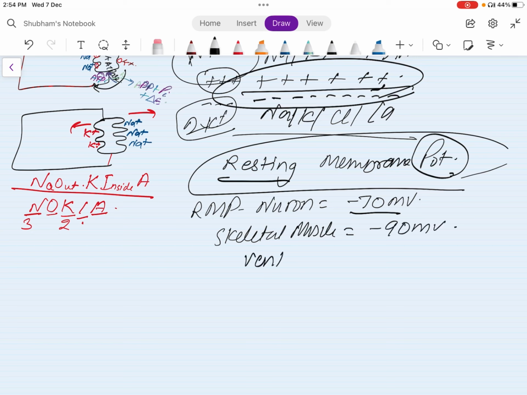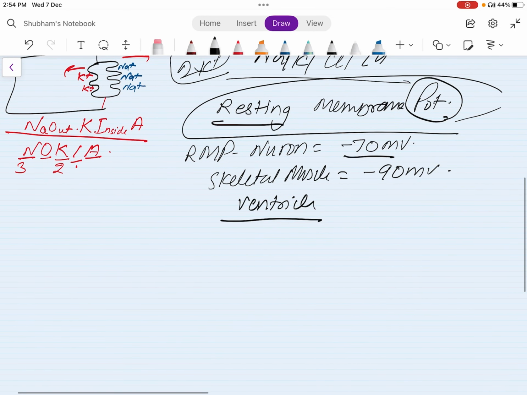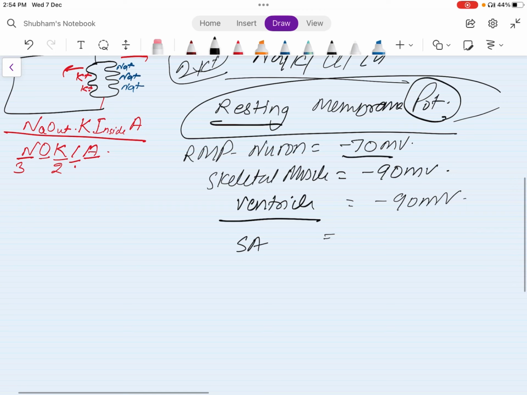Same in ventricle. That's why I want to discuss this, because when I'll be discussing the ECG and all the cardiac cycle, it is going to be a very important part. Okay, minus 90 millivolt. In the SA node, even though it's a part of our heart, and it's supposed to have a very similar charge, it is not, it is minus 55.